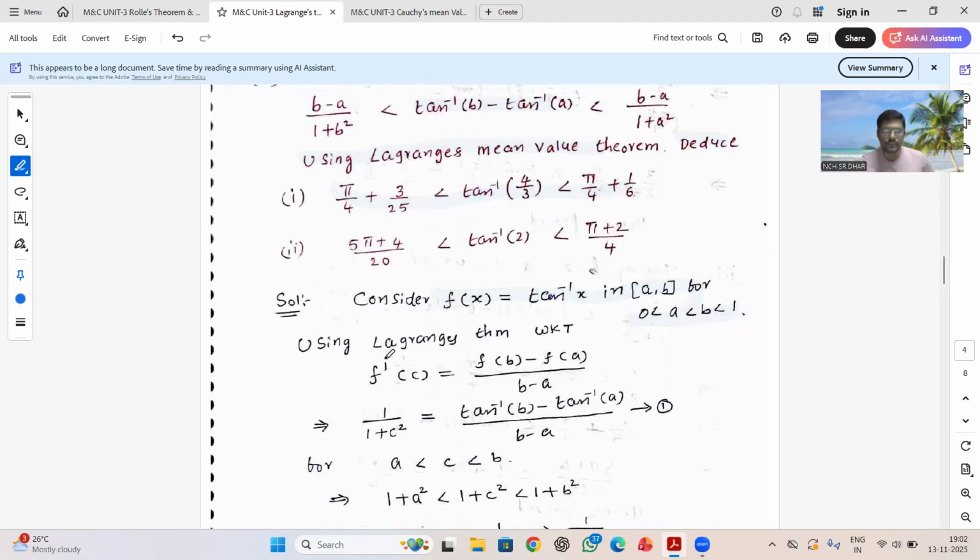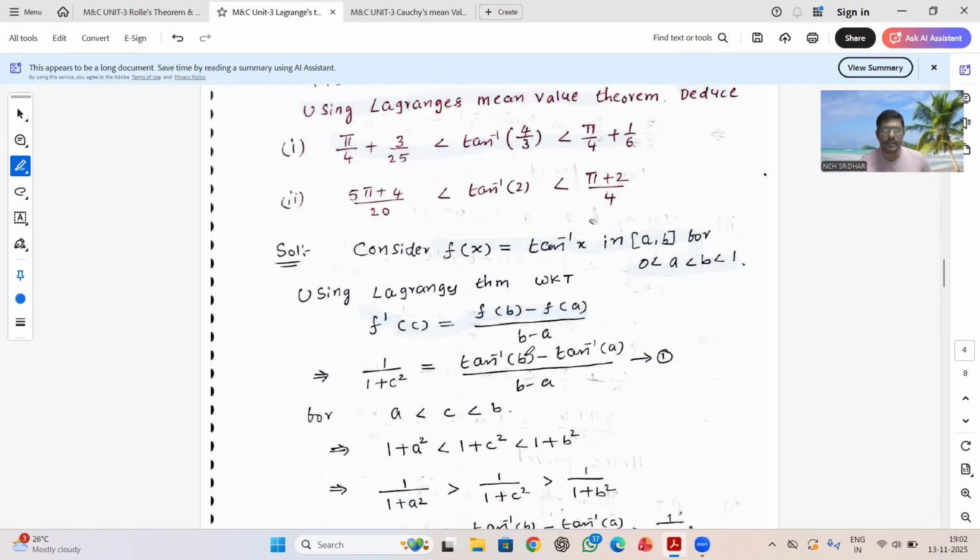Now using Lagrange's theorem, we know f'(c) = (f(b) − f(a))/(b − a). Now what is f'(c)? The differentiation of tan⁻¹x is 1/(1 + x²).